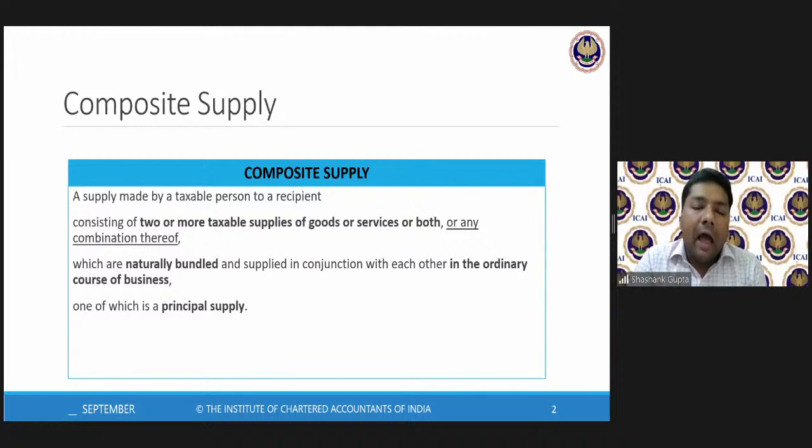Now, how this trigger point is evident across various laws, various statutes. In the Indian Penal Code, there is a section 420, and section 420 gets triggered only when one person has committed fraud with another.